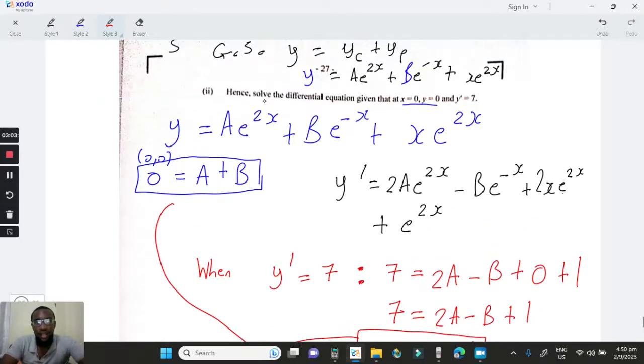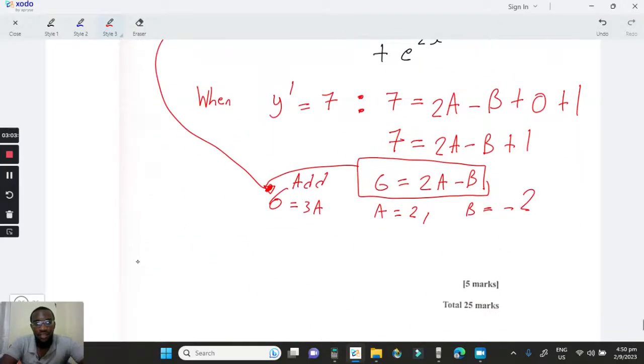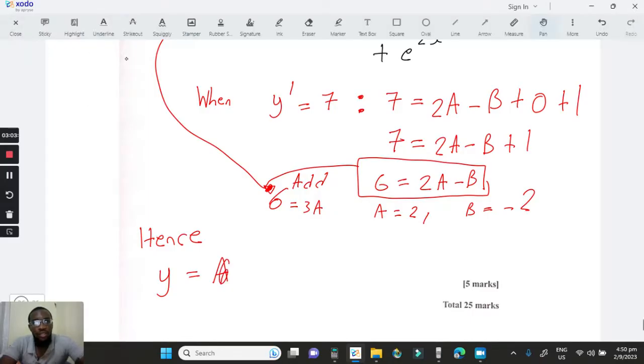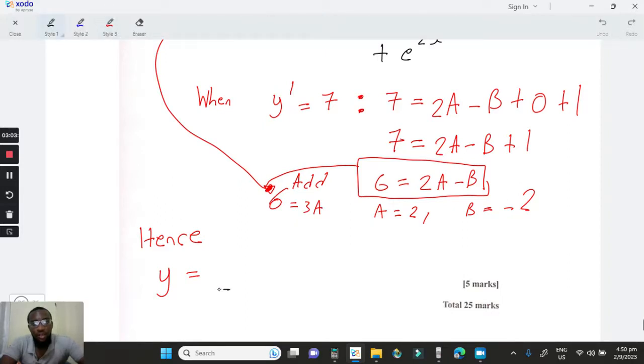So hence, solve it. Our final answer is, what's the general solution? y is equal to a, and a was 2, so 2e to the 2x, plus, well, minus, sorry, minus b, which is 2e to the minus x, plus x e to the 2x.